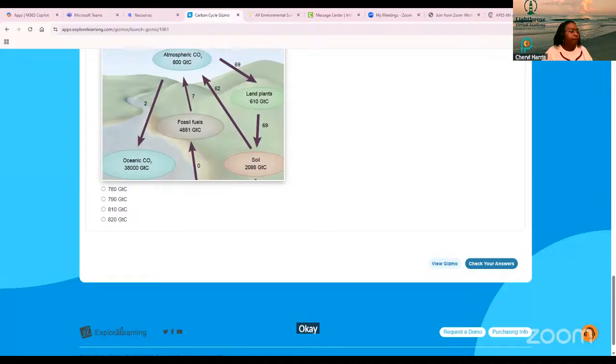Okay. All right. As soon as my little spinny wheel stops spinning, I'll stop sharing, because for some reason, when I leave this up too long, it crashes my Zoom page.